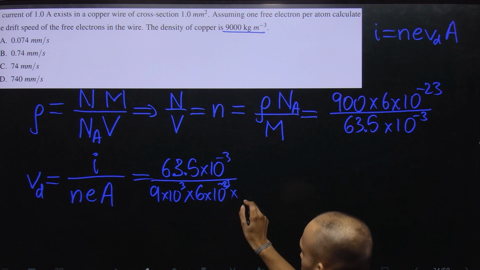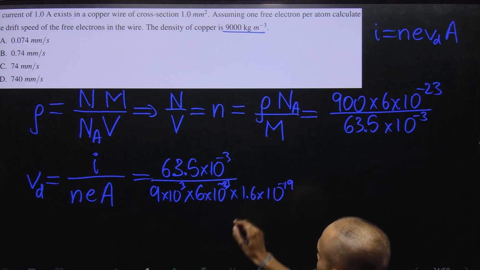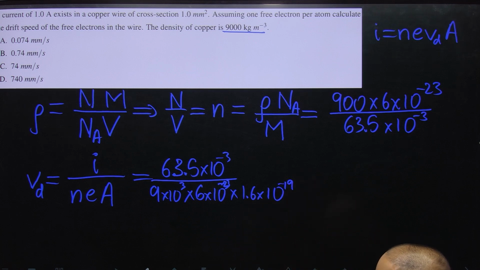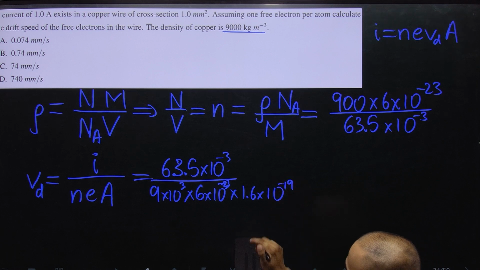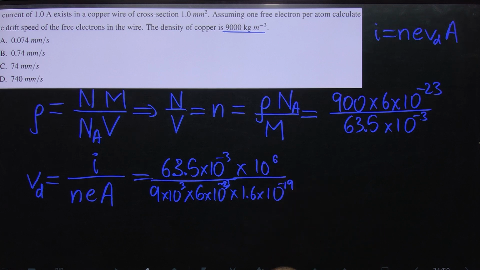Charge on electron is 1.6 into 10 power minus 19, and area is 1 millimeter square. So converting to meter square, we get 10 power minus 3 into minus 3, minus 6 meter square, and we can send minus 6 to the numerator. It will become 10 power 6.